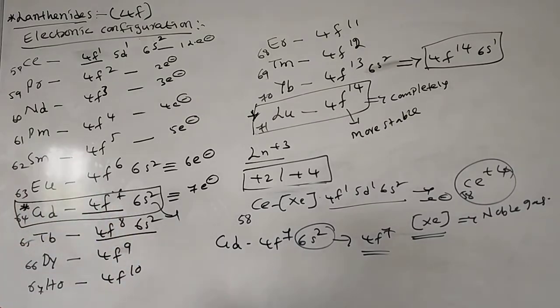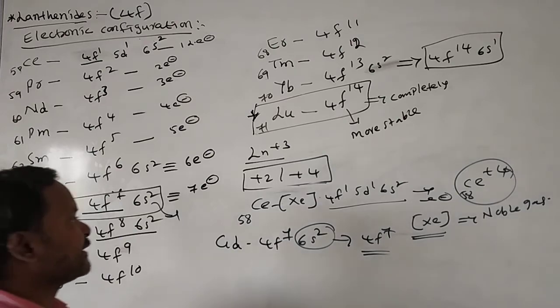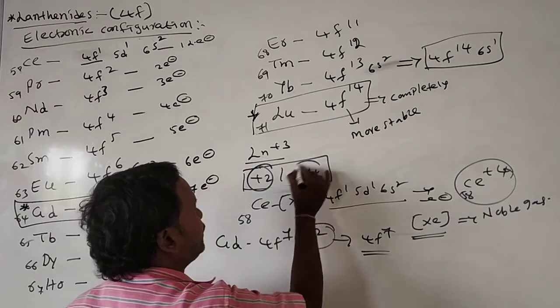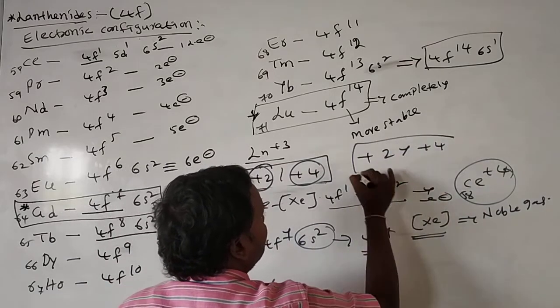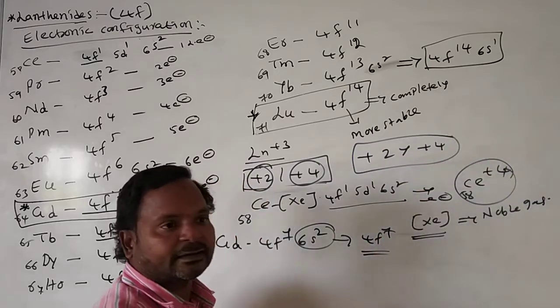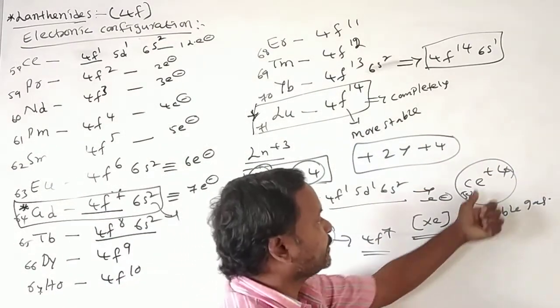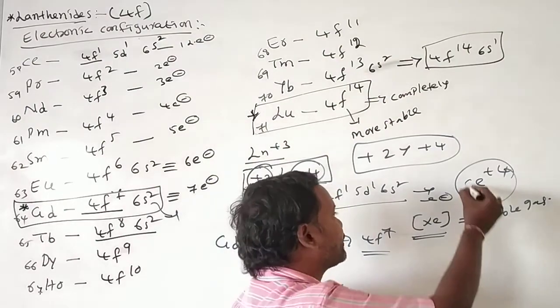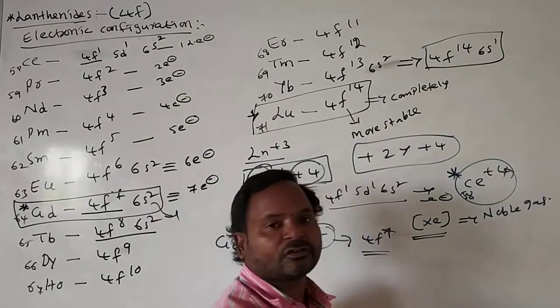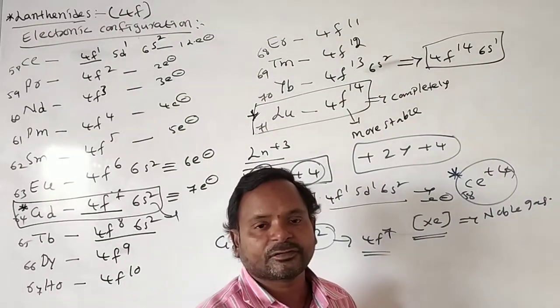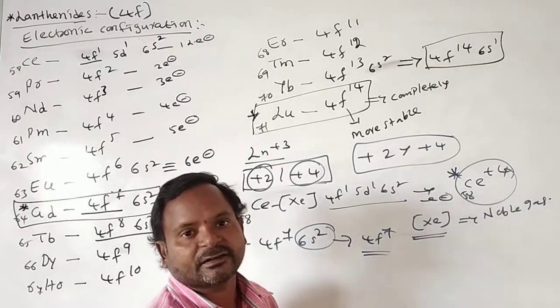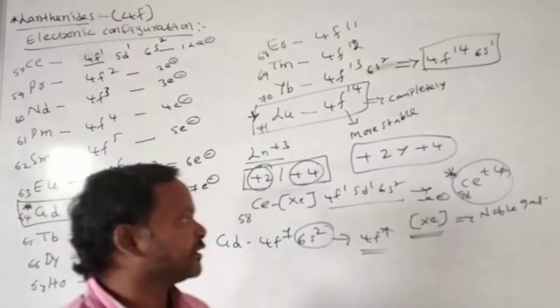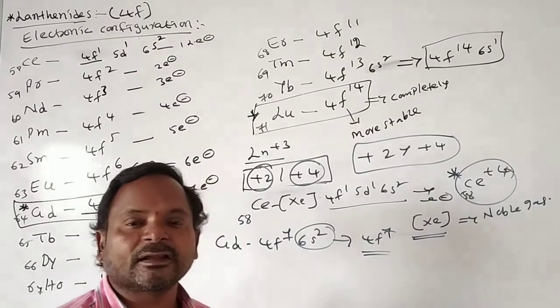Always, the lower oxidation state is more stable than the higher oxidation state, so the +2 oxidation state is more stable than the +4. But under some conditions, there is one exception: cerium +4 is more stable than cerium +2, because cerium +4 gets the noble gas electronic configuration.